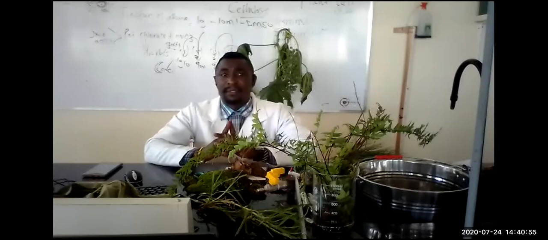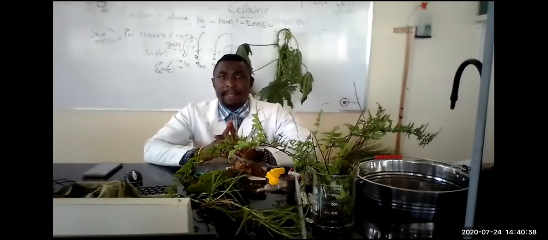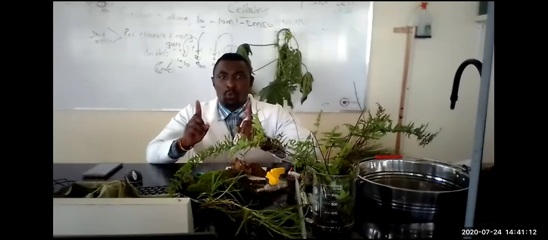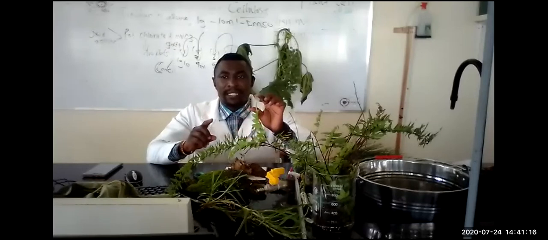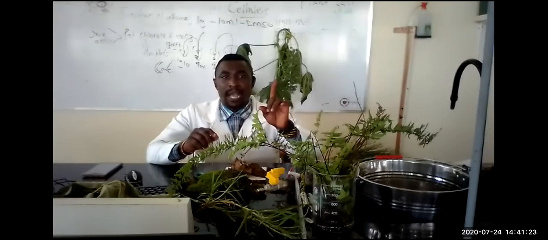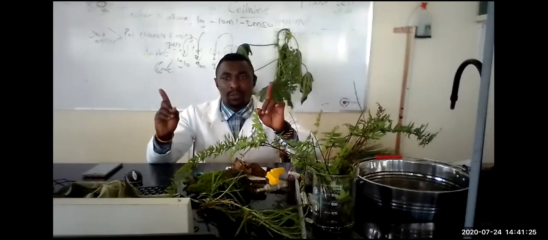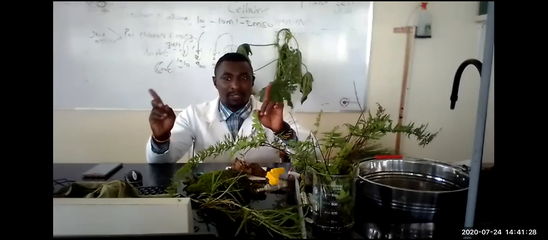Considering all these features, the plant kingdom has been divided into 5 subgroups. And these subgroups are being divided into 2, whereby the first 3 belong to one group, and the last 2 belong to another group.